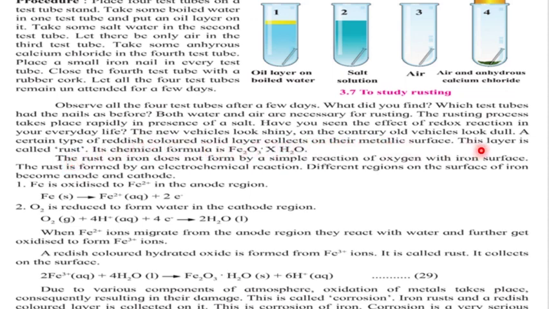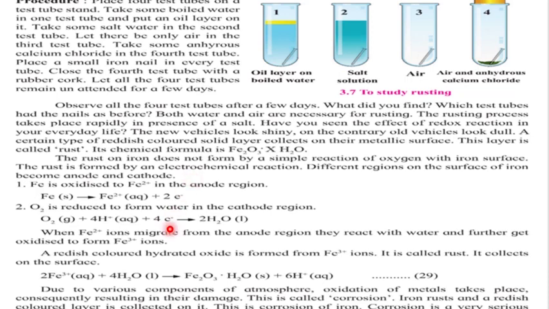This layer is called rust, and its chemical formula is Fe2O3.xH2O. Sometimes, friends, you must remember that rust is formed by an electrochemical reaction. This will come as an MCQ question or as a fill in the blanks.